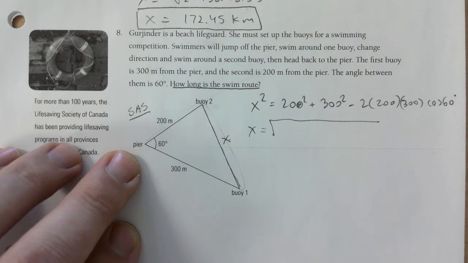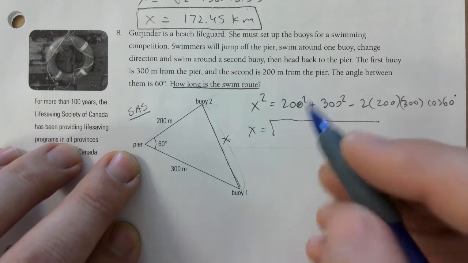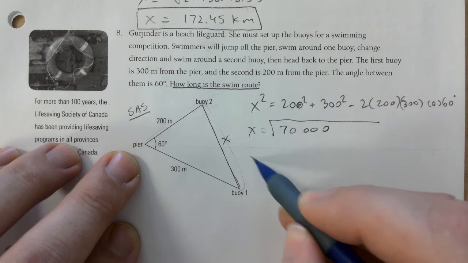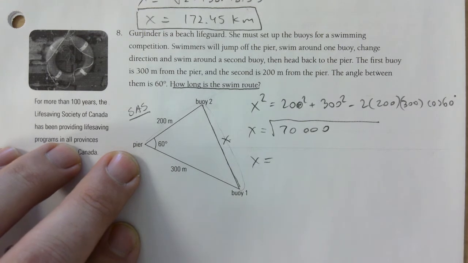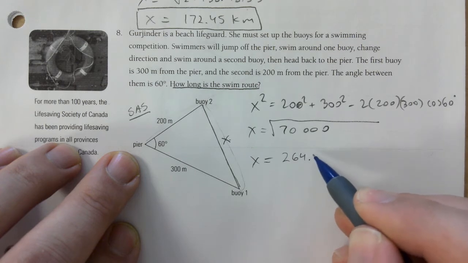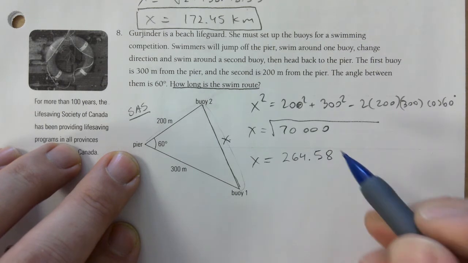I could have my answer key, but the reason why I work through these like that is because it reminds me of what could go wrong, and then I can warn you. Right, you get 70,000. Take the square root of that, that's 264.58, and we are in meters.